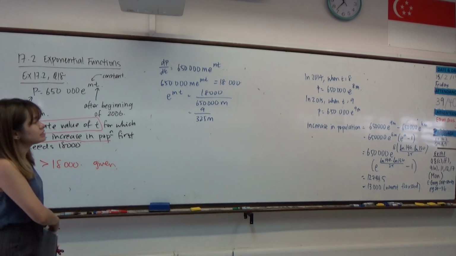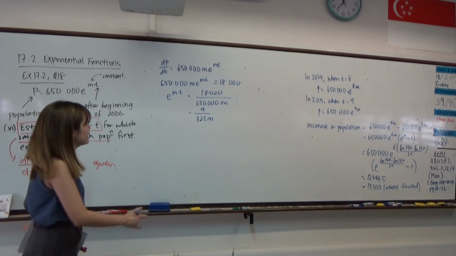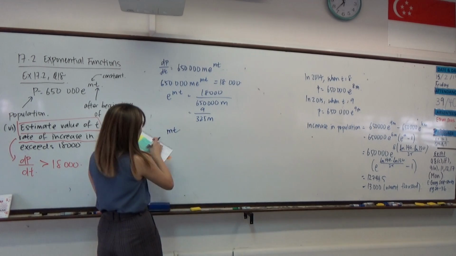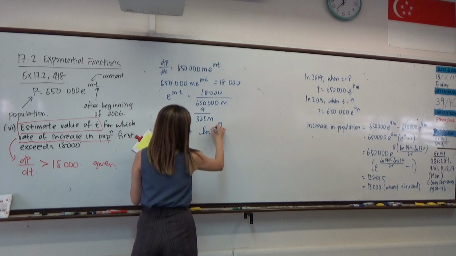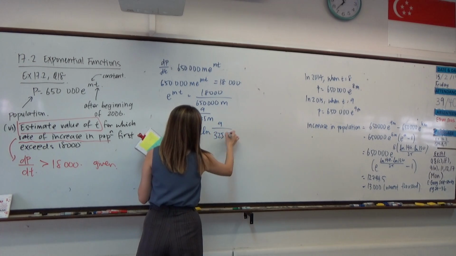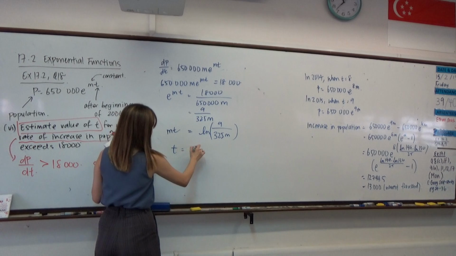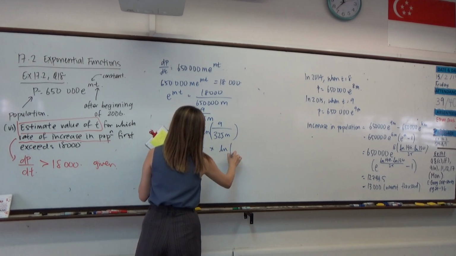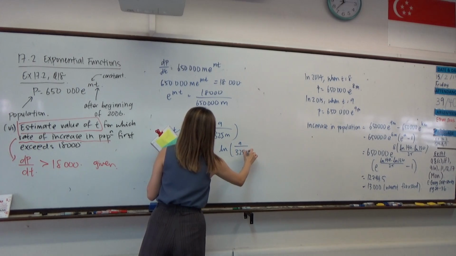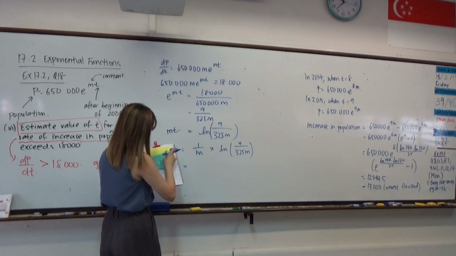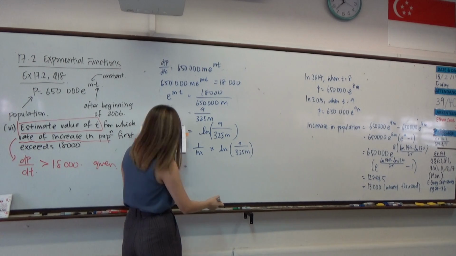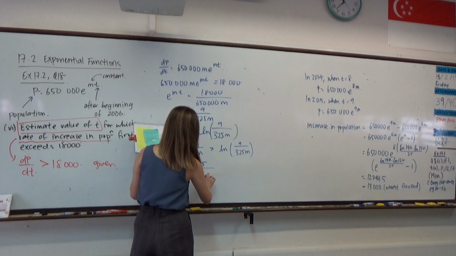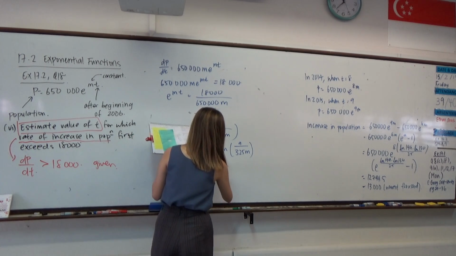So e to the power mt will be equal to 9 over 325 m. Then to find out what is mt, you can do your logarithms. So 1 over m would be 25 over ln 199 minus ln 130.